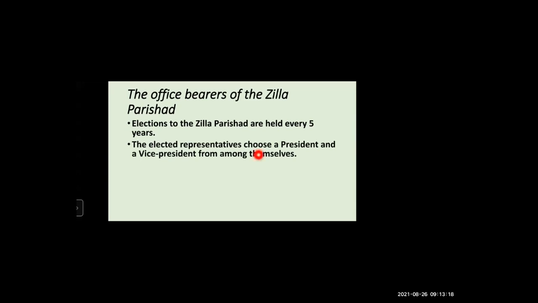Whereas in Gram Panchayat, there was Sarpanch and deputy Sarpanch, and in Panchayat Samiti, we have seen chairman and deputy chairman. But now in Zilla Parishad, we are seeing that there is president and vice president.